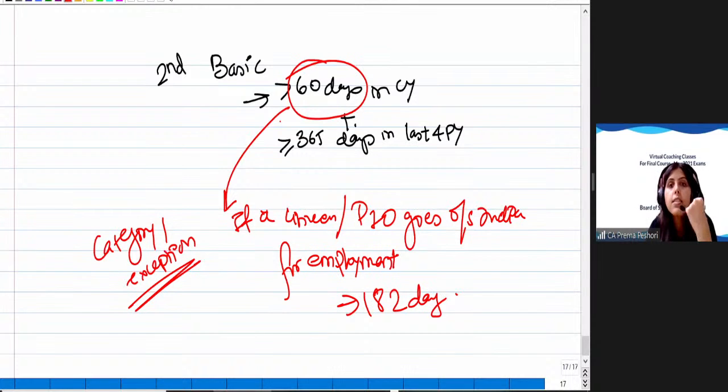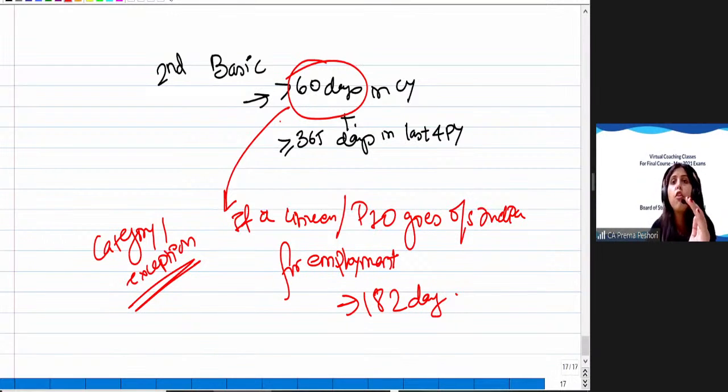Those who gave the answer, he is ROR. Did you get it? Neil, it is not 60-day, it is the 182-day limit. Preeti, you are again going into the 15 lakh limit, which is wrong.